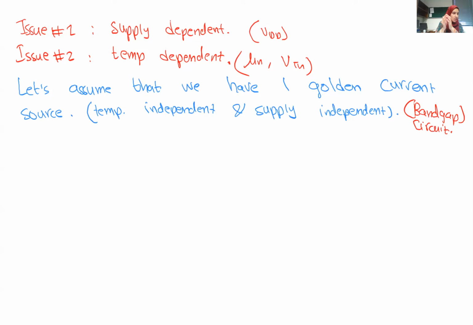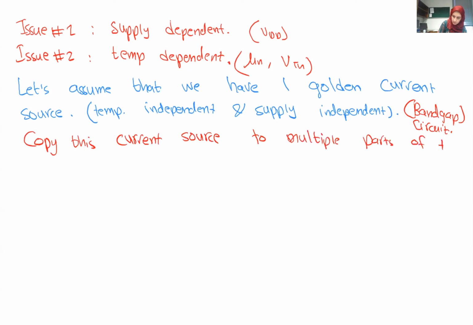So if we can somehow take this current source and copy this current source to multiple locations or multiple parts of the circuits that we have, this is going to be the ideal solution. But we want to know how we should do that.